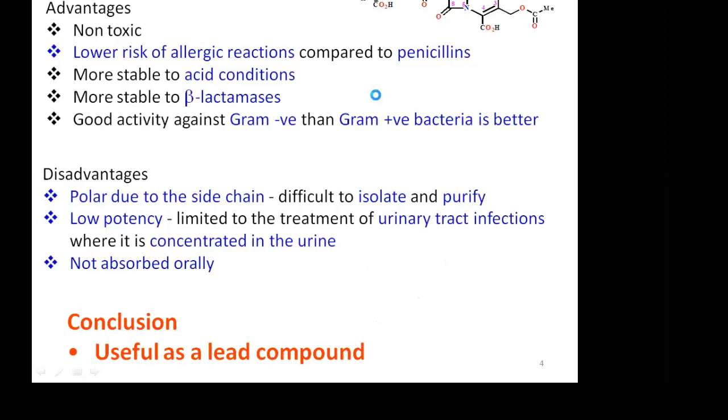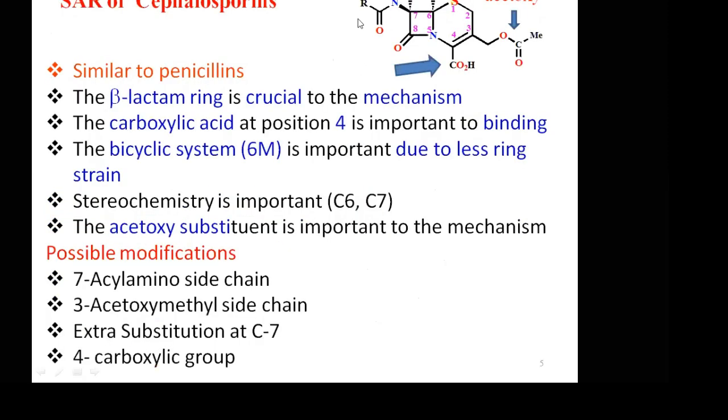Now see the SAR of cephalosporin. This is the basic nucleus, 7-ACA, 7-amino cephalosporanic acid. The SAR is similar to penicillins.